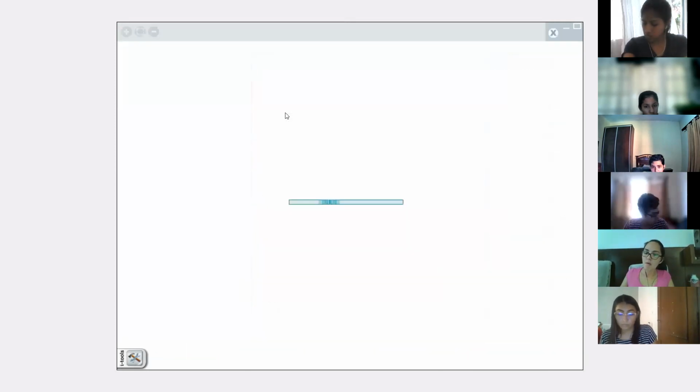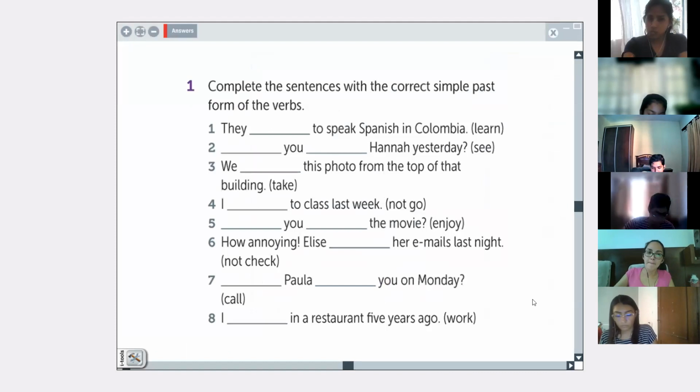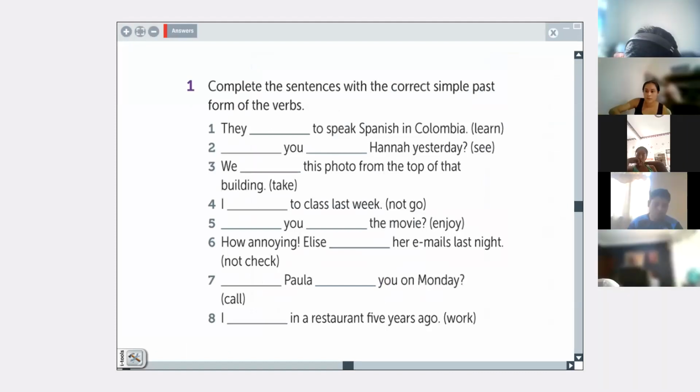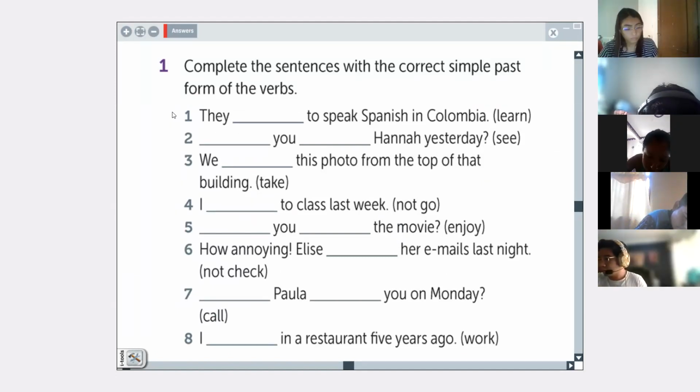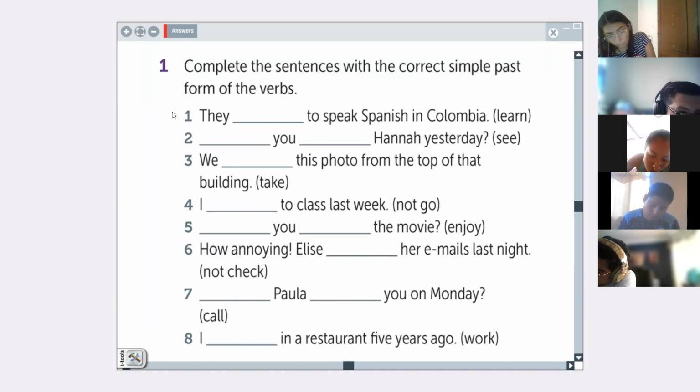Okay, let's do exercise number 1. Please, Andrea, can you read the instructions in exercise 1? Okay, teacher, complete the sentences with the correct simple past form of the verbs. Okay, thank you. Very good.